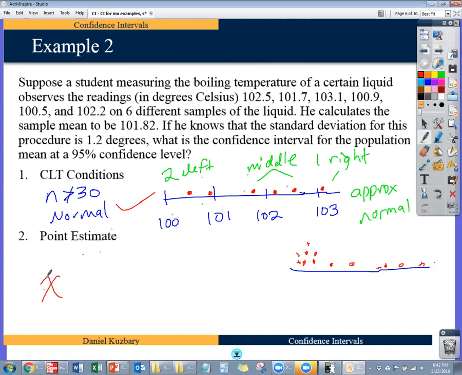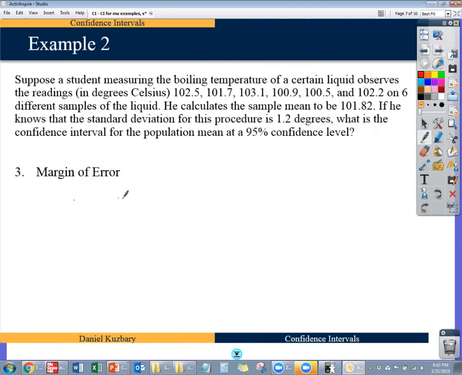Our point estimate is going to be the sample mean, which is given here: 101.82. I want to find the margin of error for 95% confidence, and I'm going to go the same route I did on the last example.